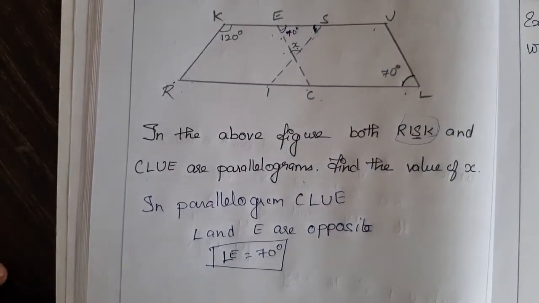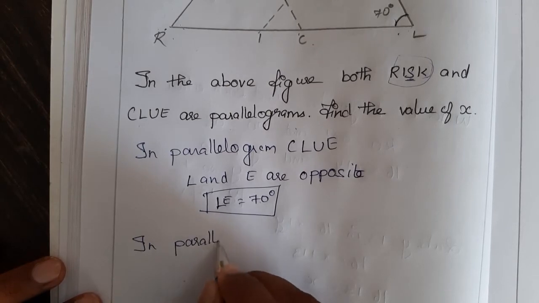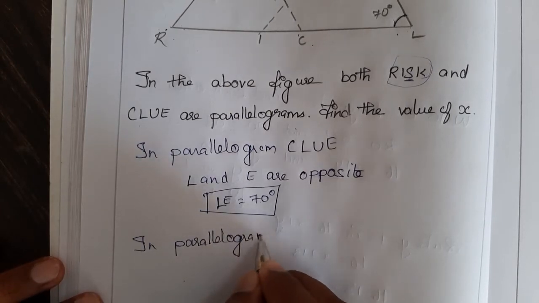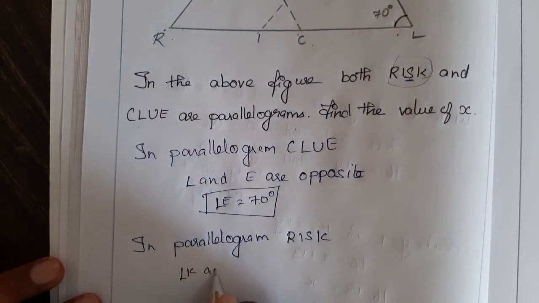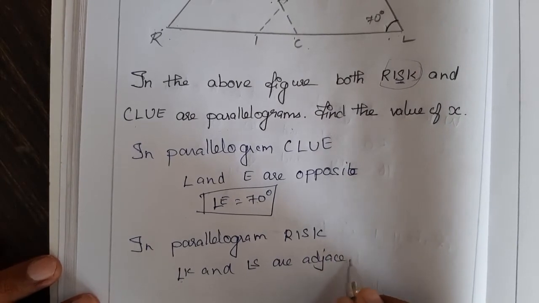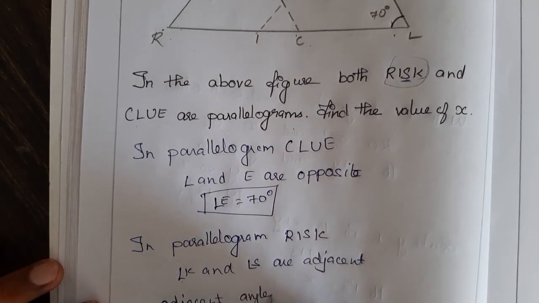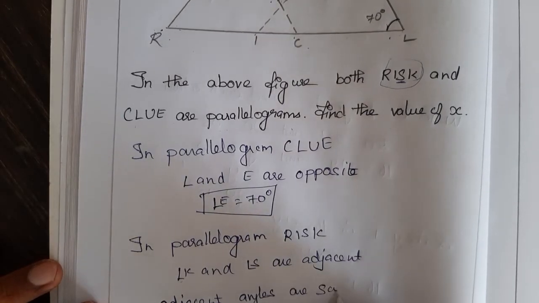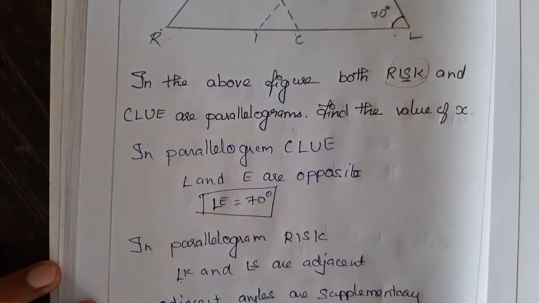Let me see. In parallelogram RISK, angle K and angle S are adjacent, and adjacent angles are supplementary, right?